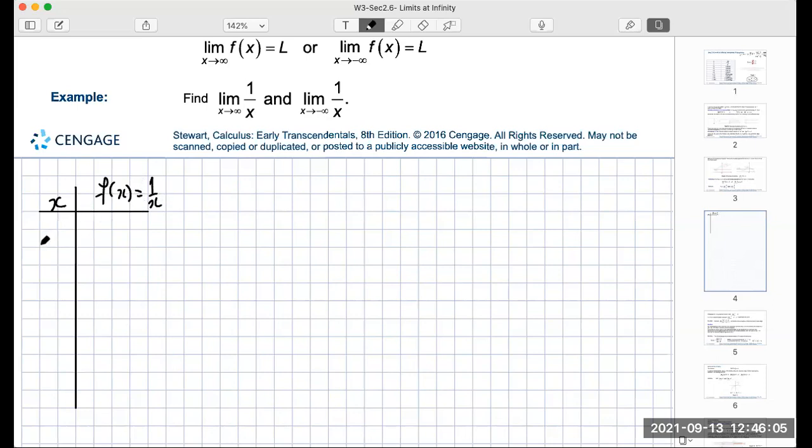When x is equal to 0.01, what is f of x? Very good. How about at 0.1?